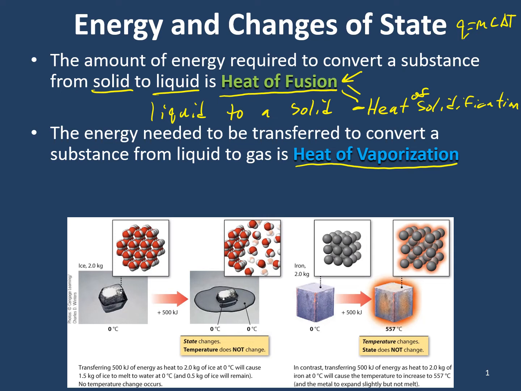So for instance, water, the heat of fusion, is equal to 333 joules per gram. The heat of solidification then is equal to negative 333 joules per gram. The opposite of the heat of vaporization, in other words, a gas to a liquid, is known as the heat of condensation.